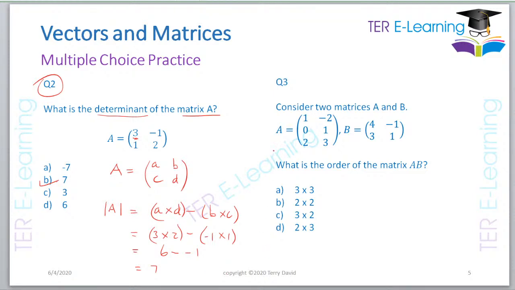All right. So let's look at the third question now. Question 3. I've given you two matrices, A and B. Both of them have different orders. And I want to know what is the order of the matrix AB.